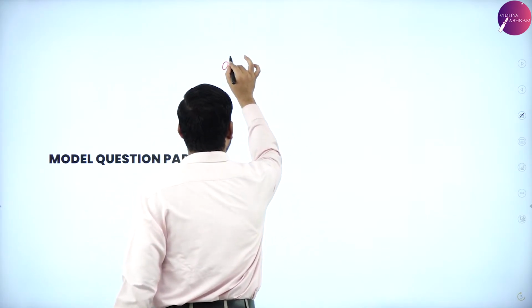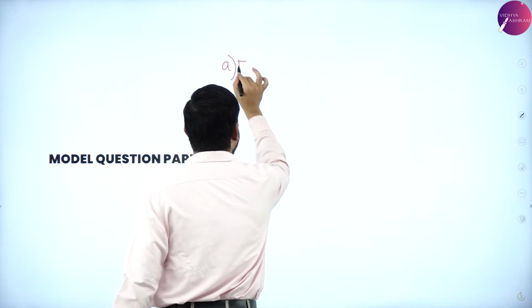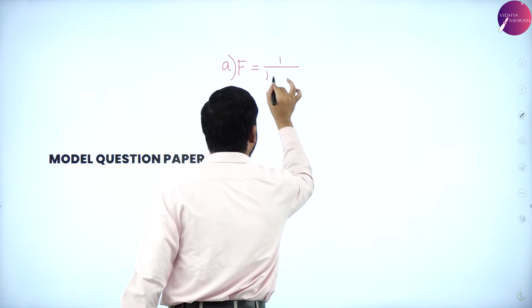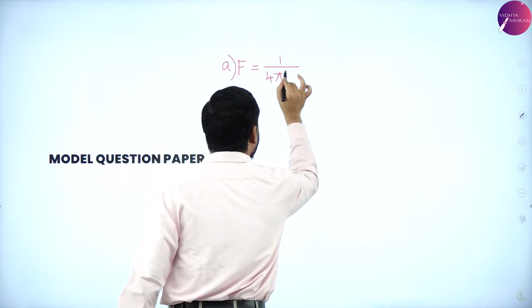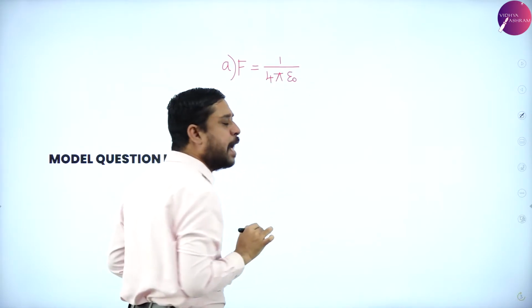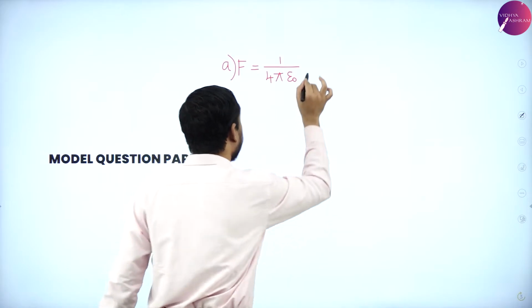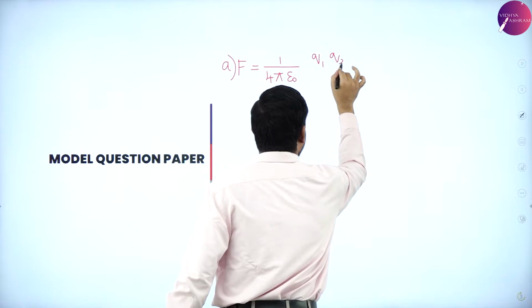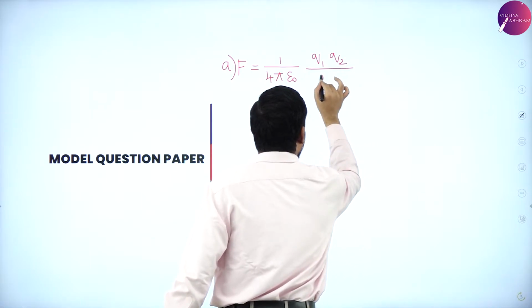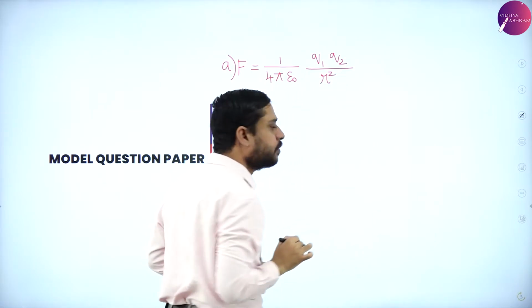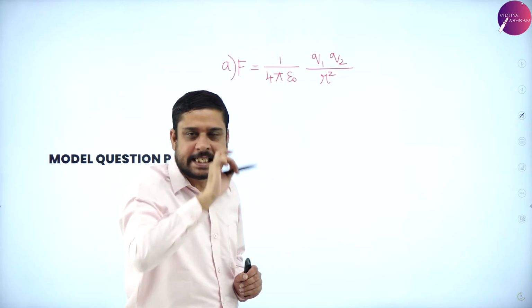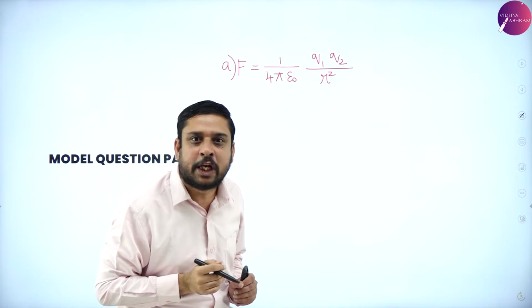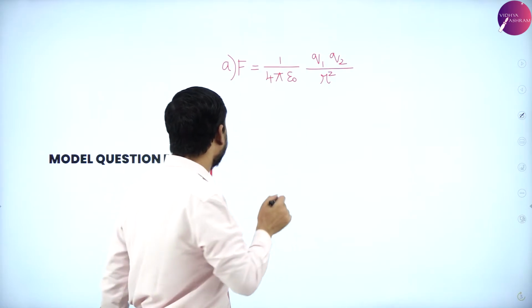So F is equal to 1 by 4 pi epsilon naught Q1 Q2 by R square. R is the distance which has to be evaluated.